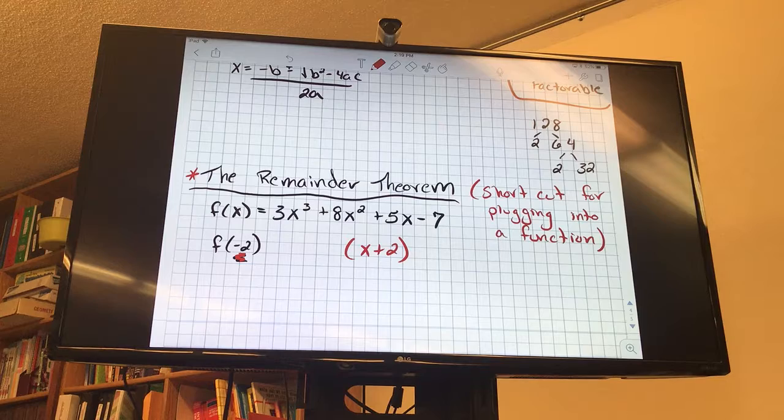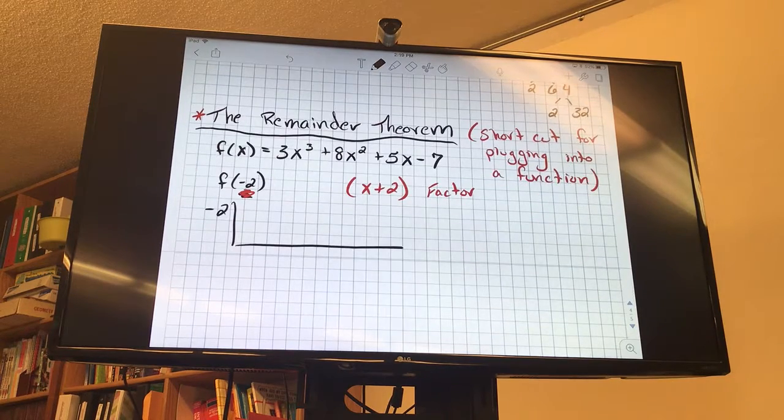Yes, that's the factor. What I get out right here for my remainder, let's say my remainder is k, is what I would get out here if I put that negative 2 in.